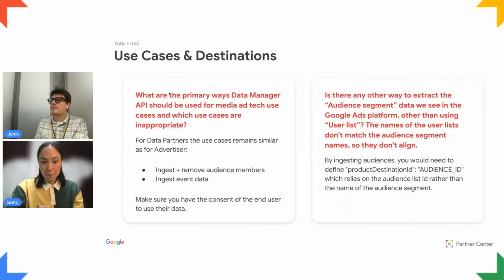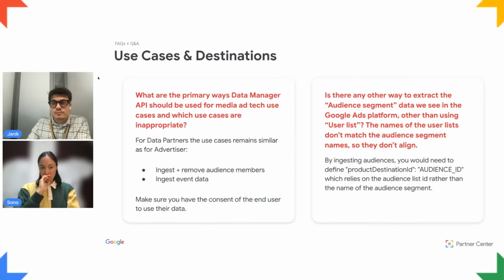Okay, going on to the next question, and this is on use cases and destinations. What are the primary ways Data Manager API should be used for media and ad tech use cases, and which use cases are inappropriate? For data partners, I understood media ad tech as the advertiser use cases and the media partner, which I understood as the data partner, who can use similar methodologies as advertisers.